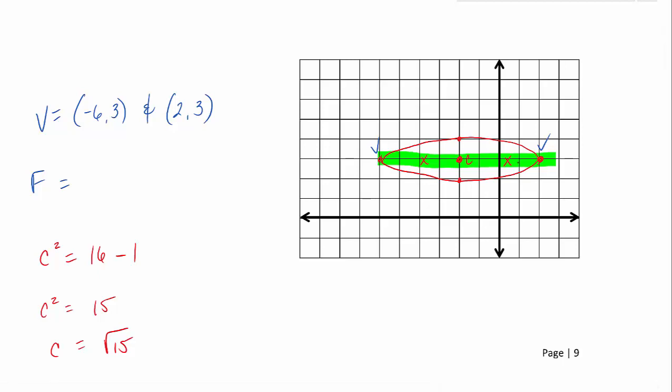So it's only the x value that's changing, and it's changing square root of 15 to the left and square root of 15 to the right. So I think the easiest way to write this is you start with your x coordinate of your center, which was -2, and now we're going to either add or subtract square root of 15 to get our foci, and then the y coordinate of our center stays the same.